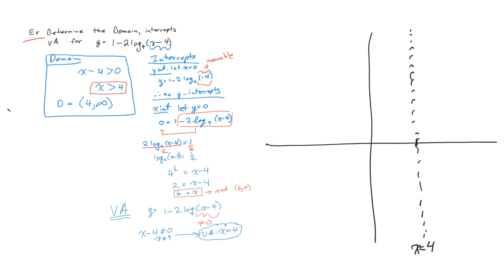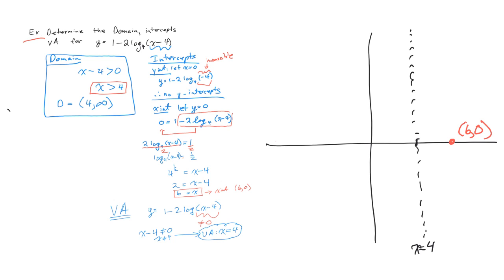We found that there isn't a y-intercept, but we did find the x-intercept being (6, 0). So (6, 0) is somewhere over here. I'm going to put that in red and put the point (6, 0) on my graph.